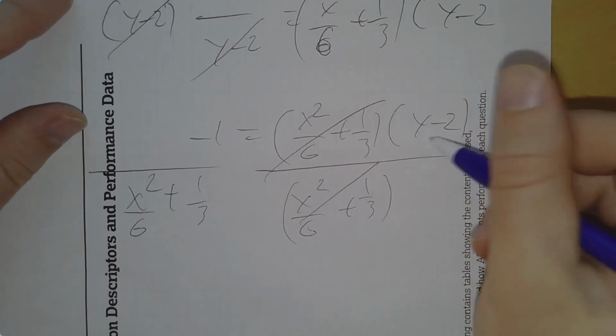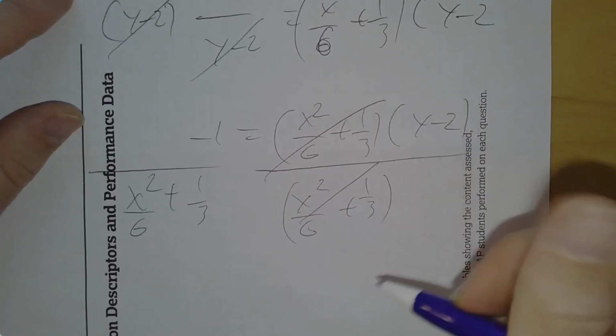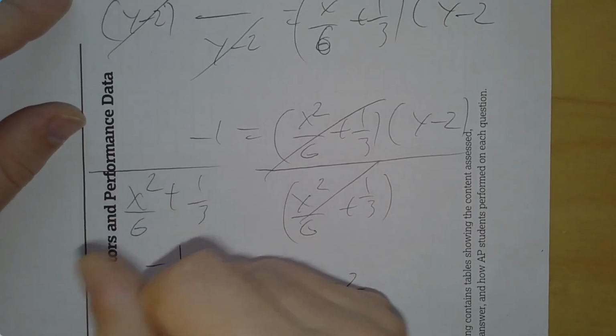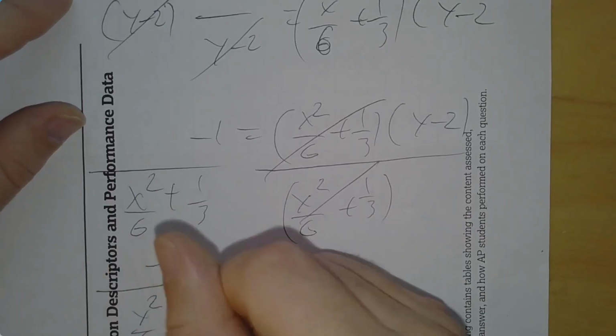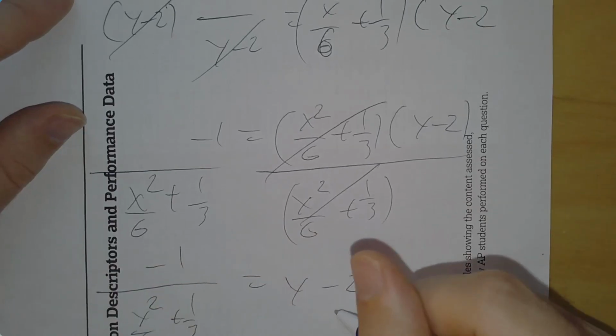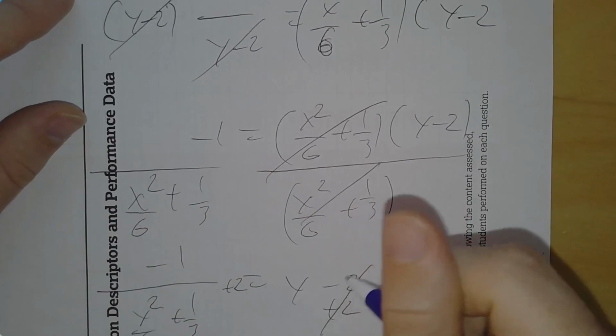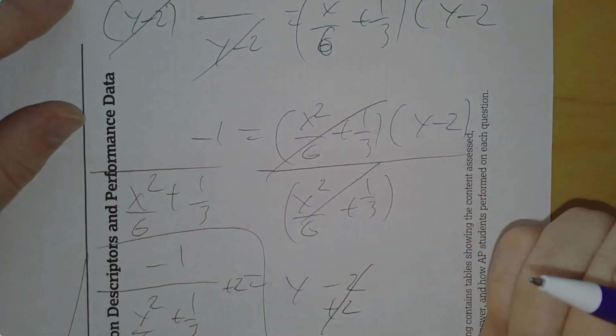So you get y minus 2 equals 1 over (x squared over 6 plus 1/3). And the last step is you add the 2 over. And this is your answer right here.